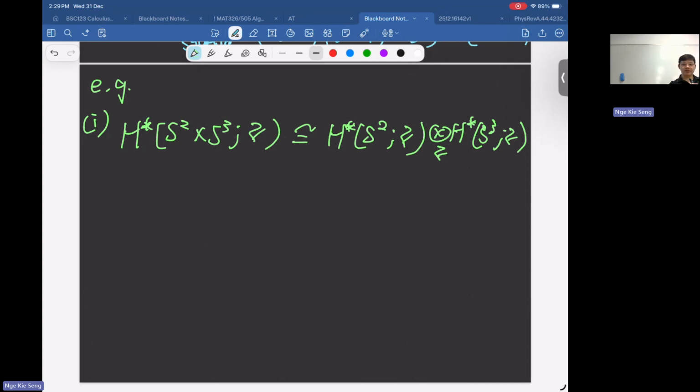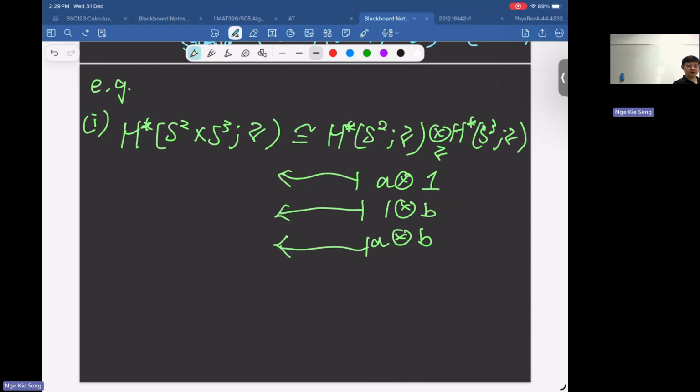Degree 0 is just the identity, so we don't really care much. So in that case, there are actually three generators here. And these three generators correspond to the generators in S2 cross S3. Since they are isomorphic, we can just use the image of this cross product as the generators.